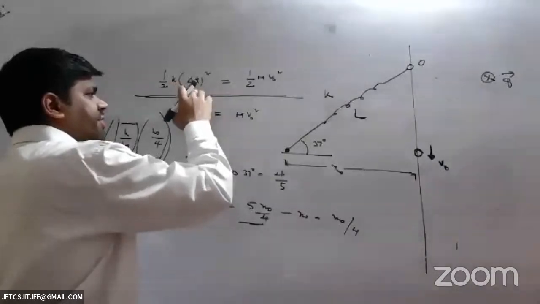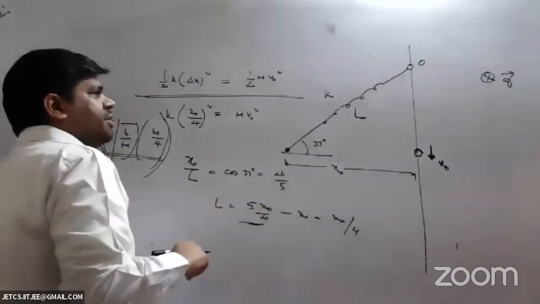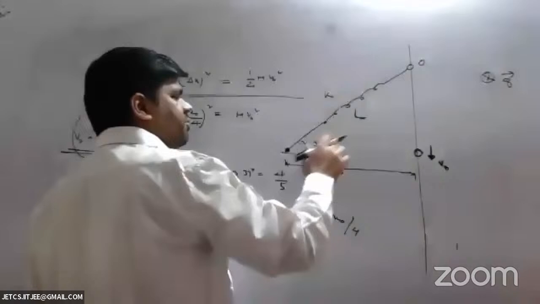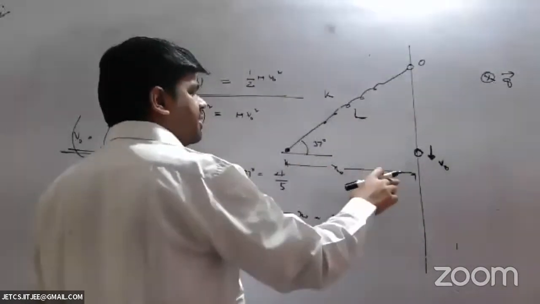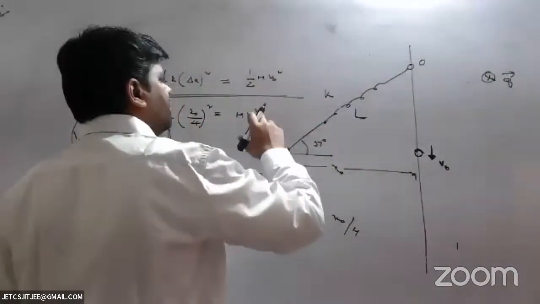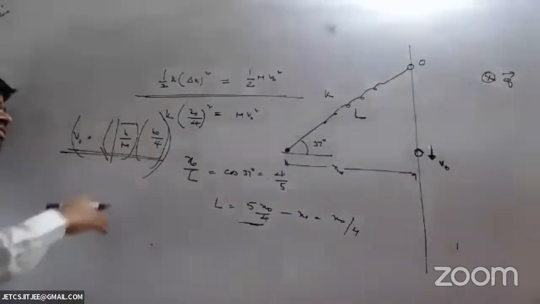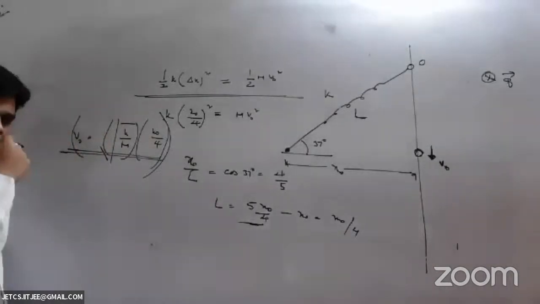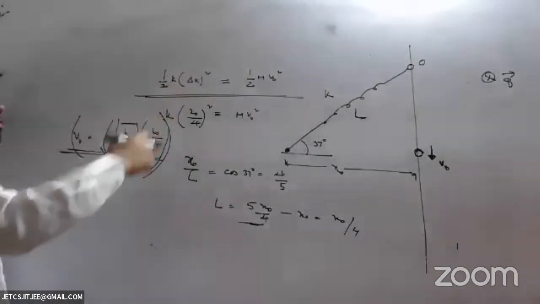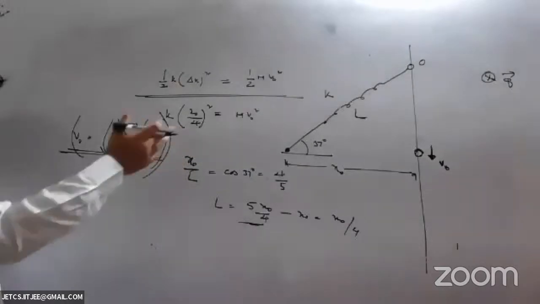Initial potential energy is half k extension in the spring square, equal to final potential energy, which is 0 because it's the natural length, X naught is the natural length I said, plus kinetic energy half m V square, required to find V. All right, there ends the problem actually. After that, it's just simplification. So the problem ended there. All we had to do was plug in delta x and find out V naught. Delta x is from the geometry.